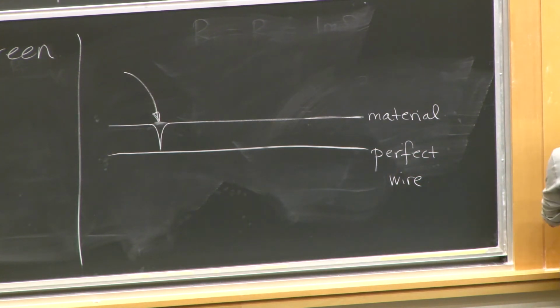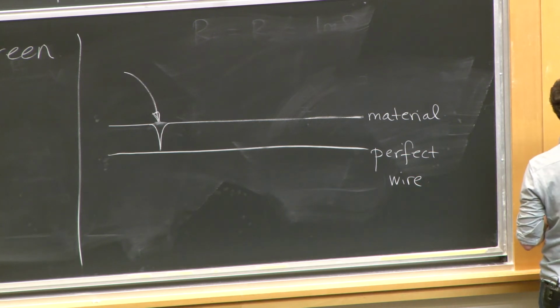We'll see. So what I want to do instead is I want to model my material as a bunch of wire, or a bunch of resistors. So here's my material. Down here is my wire.